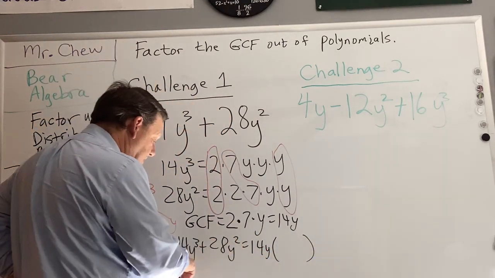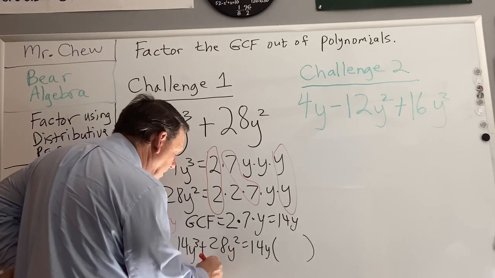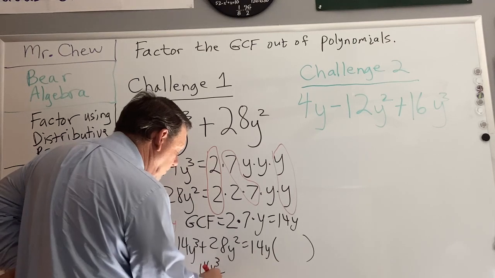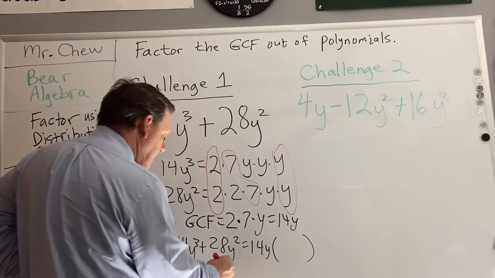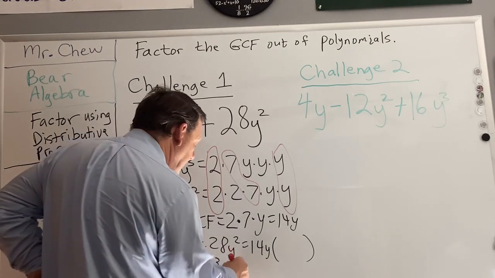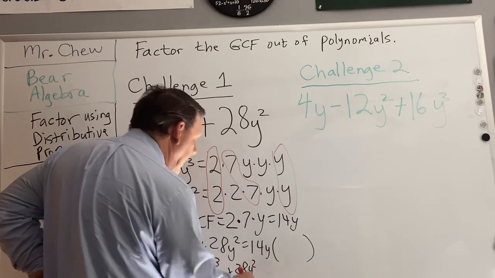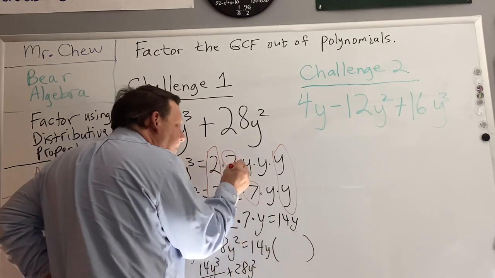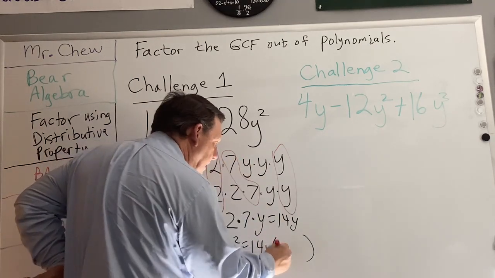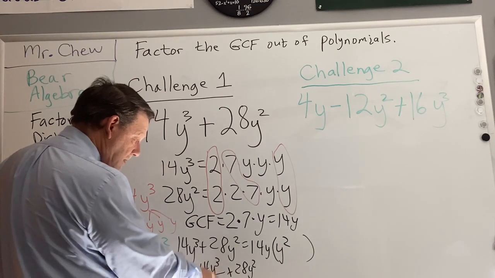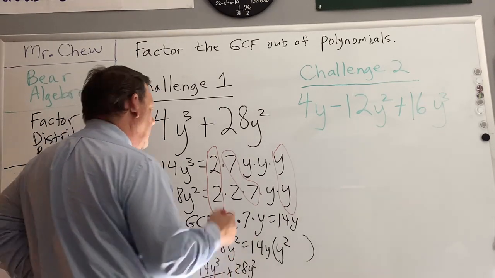And remember what I said, you could take your 14y cubed and divide it by the 14y, and then take your 28y squared and divide it by the 14y. Or you can look up and say, what did I not circle? y times y squared. Well, look, the 14's cancel. One of them cancels. You got a y squared.